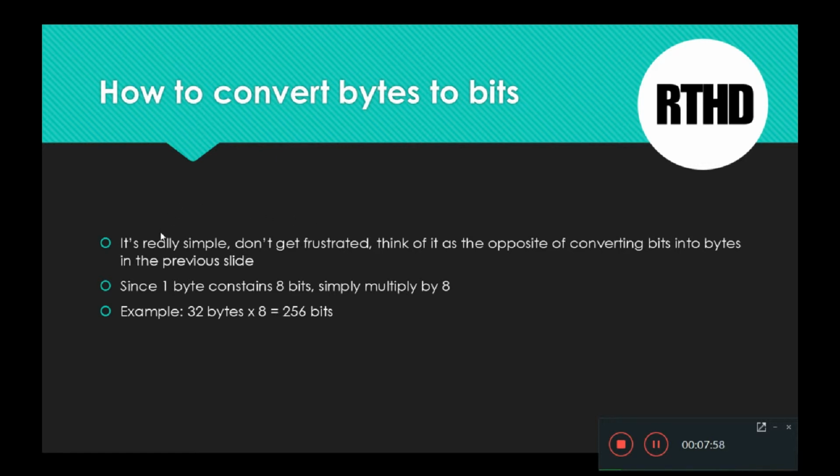Example is like this. We saw the previous example where we had 256 bits, and if we wanted to convert it into bytes, we would have divided by 8. So let's make it a little bit different. Let's say that we had 32 bytes and we wanted to get the bits out of it. We would take that 32 bytes and we would multiply by 8 in order to get the bits. Pretty simple, right? Pretty cool, right?